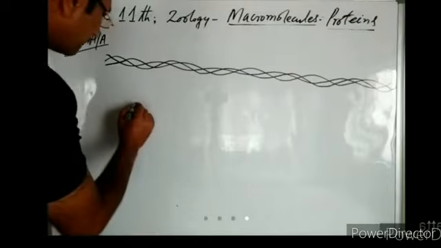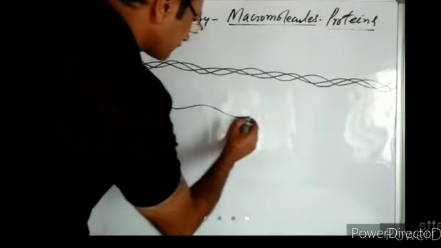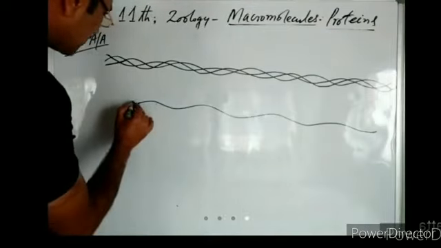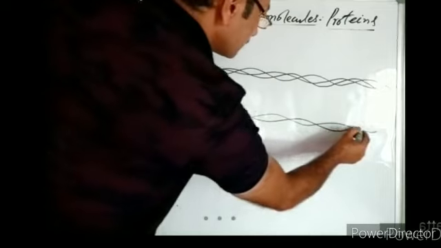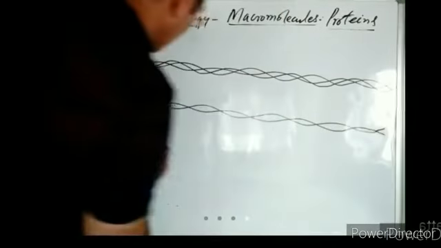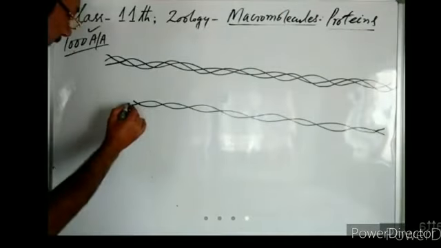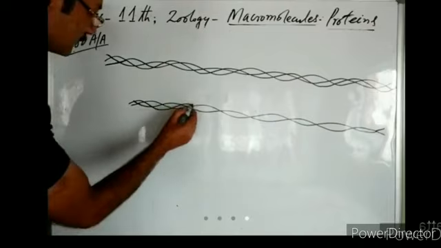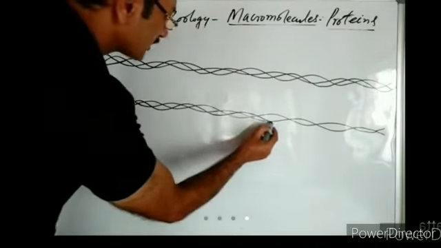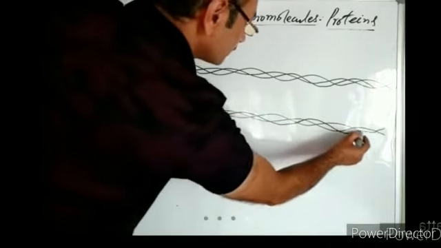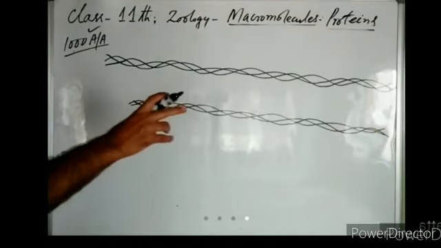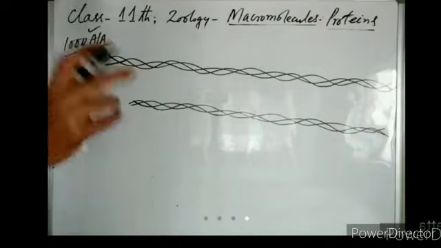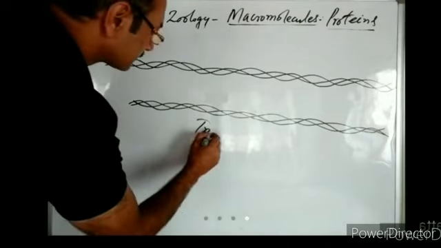So first one polypeptide chain is formed, right? Then to this another polypeptide chain joins, right? Then to this another polypeptide chain joins. So three polypeptide chains get intertwined over each other and form a structure known as triple helix.